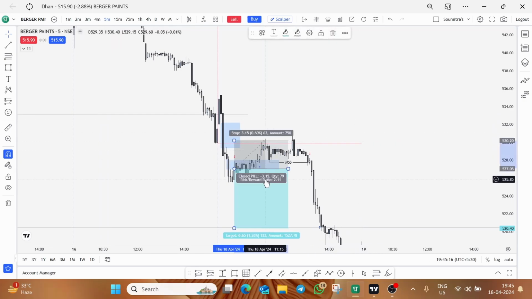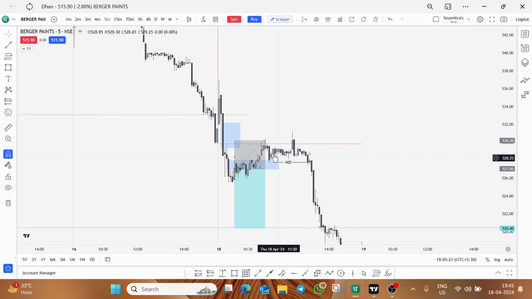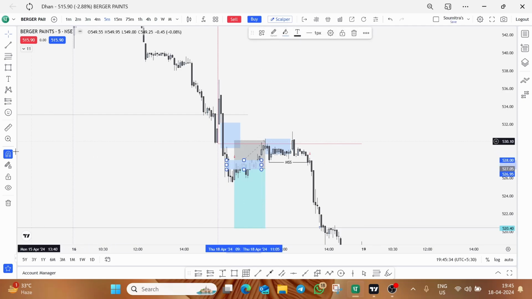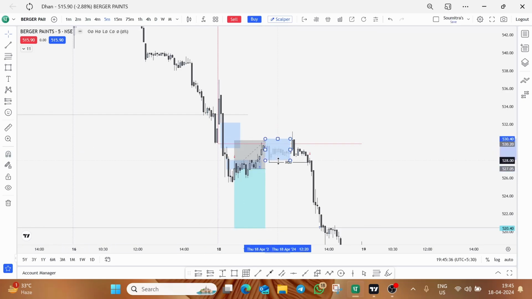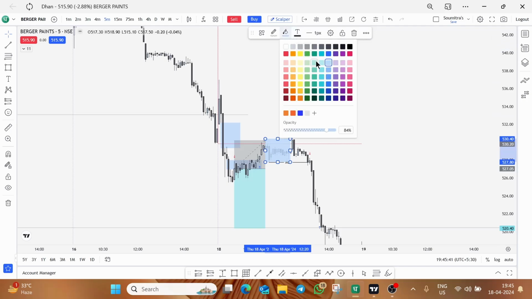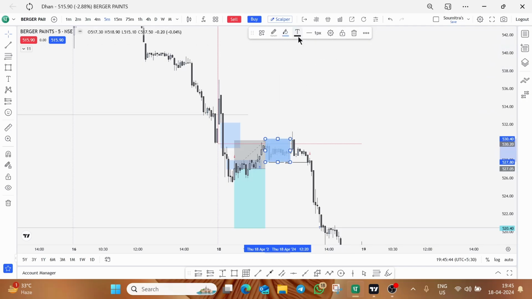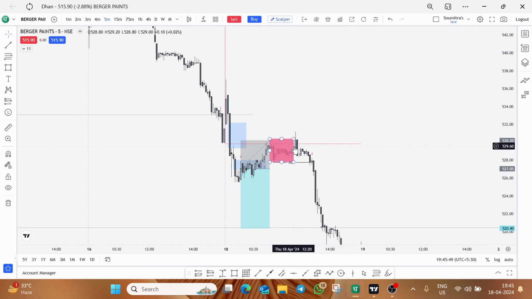So then I was monitoring the movement of price for the rest of the day. Price was consolidating in this area, in this area, it was consolidating, and then after that, it takes the buy side liquidity here.